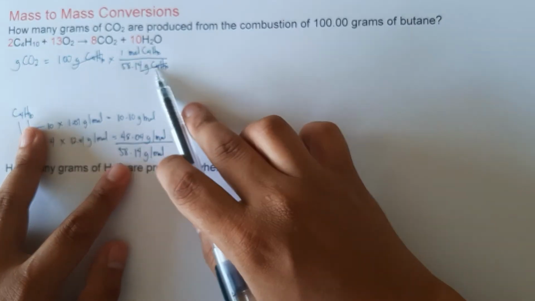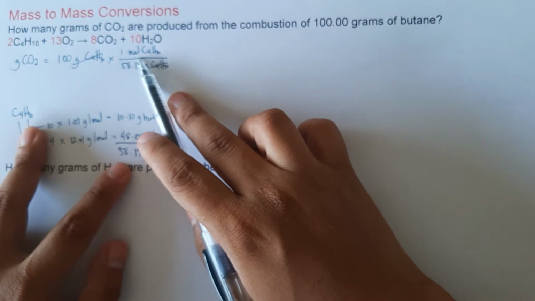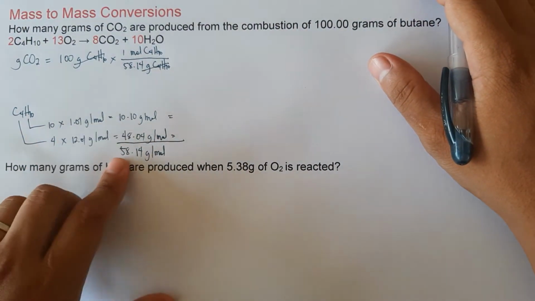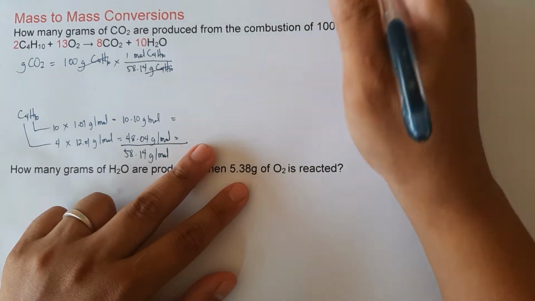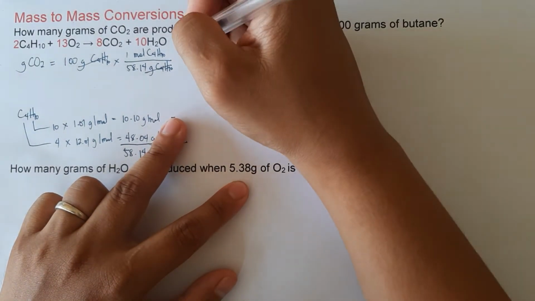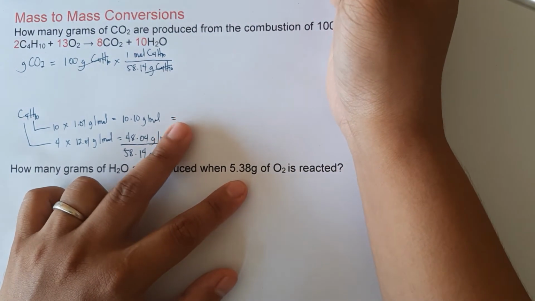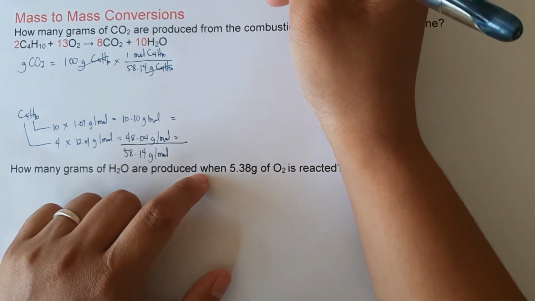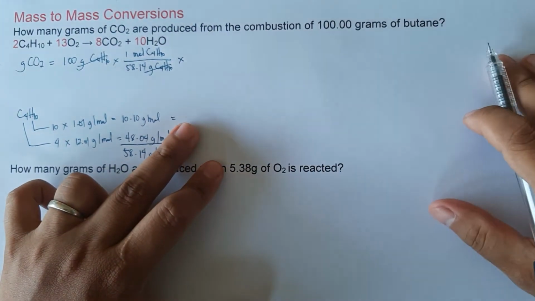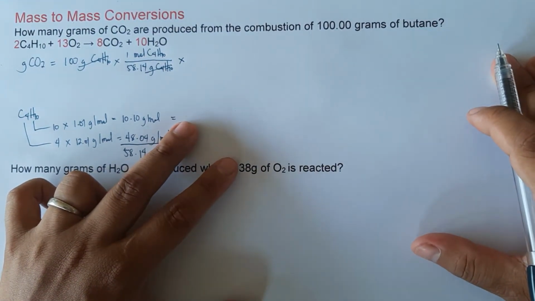So, cancel ito, cancel ito. Now, we have the unit mole of C4H10. Yan. So, next step is we need to multiply it again by the mole ratio.